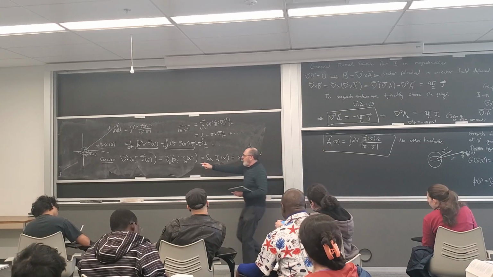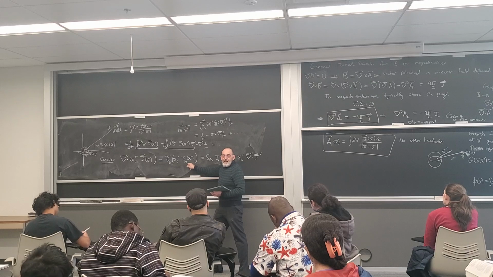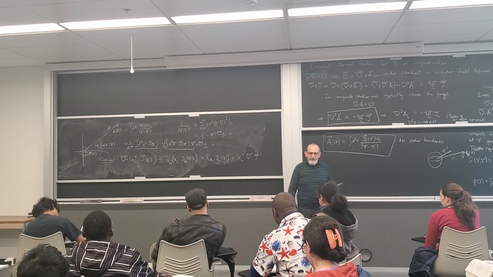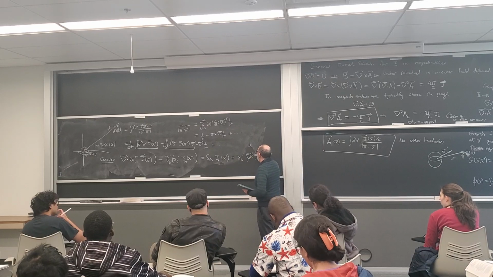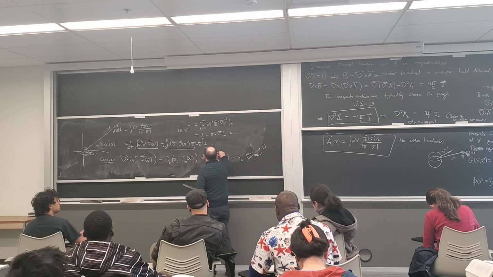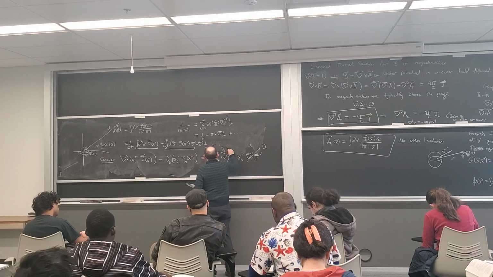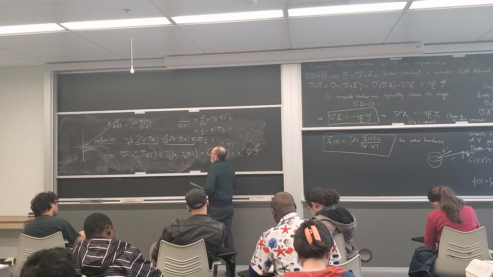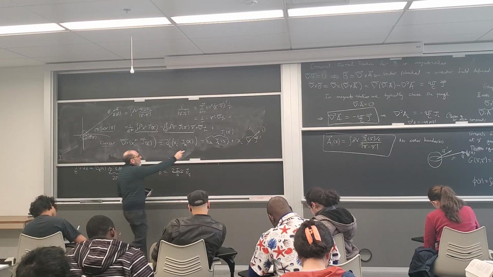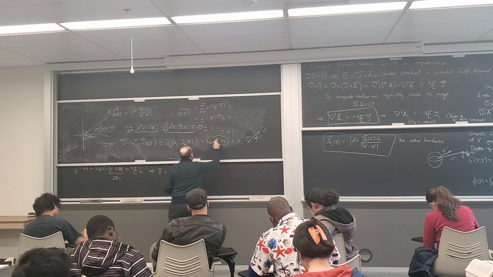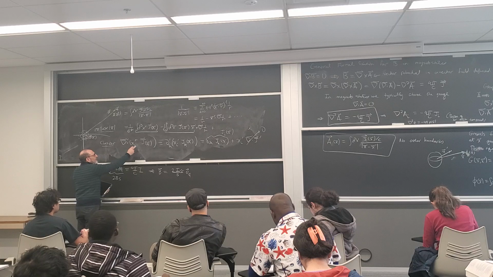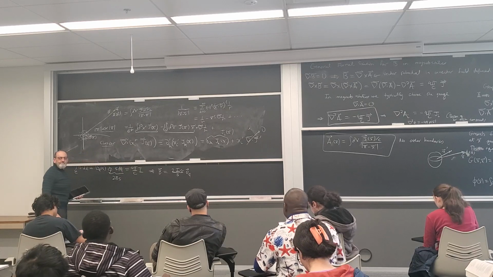Because the partial k of that summed over k is the divergence of j, right? But in magnetostatics, the divergence of j is 0. And so this I can sum over k, and that's the ith component of that. So what that tells me is that in magnetostatics, the ith component of the current density is equal to the divergence of this thing.